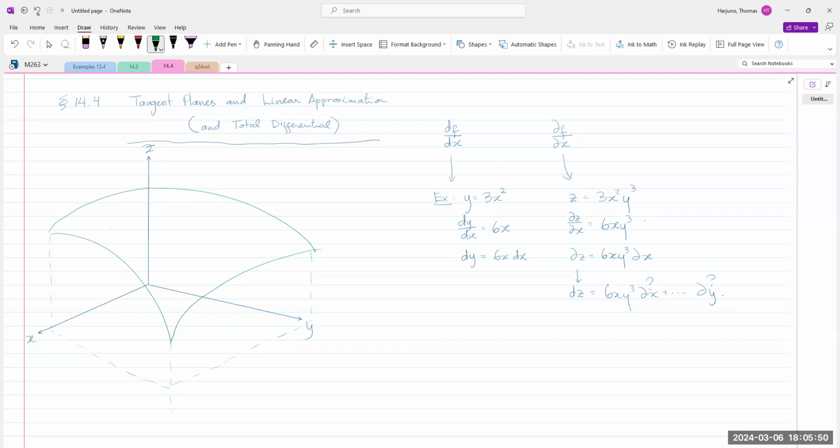Okay, and then remember the setup for partial derivative with respect to x. Let's say we take this slice here, at this point.